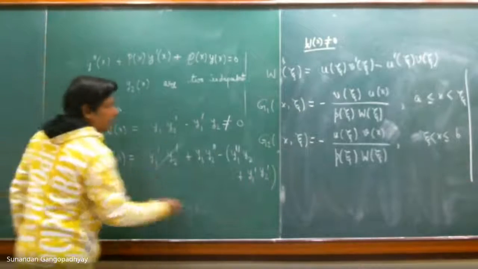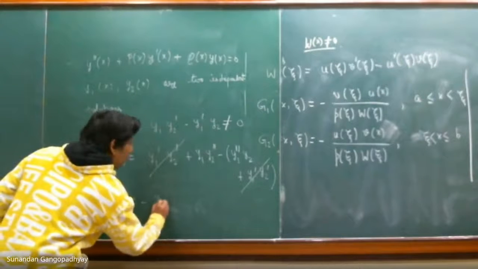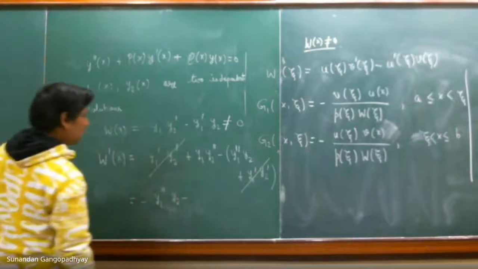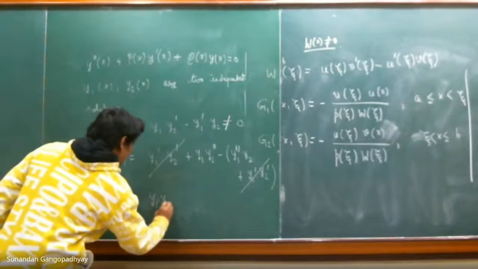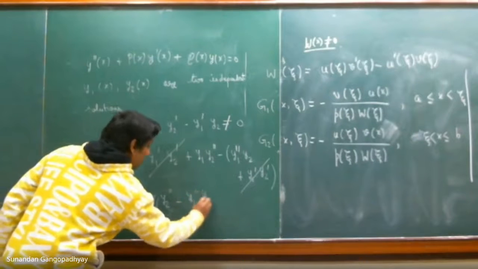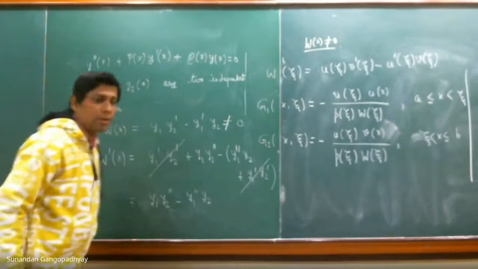So this term and this term cancel, and this will be equal to y1 y2 double prime minus y1 double prime y2.